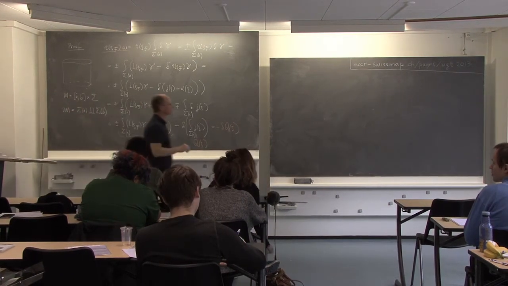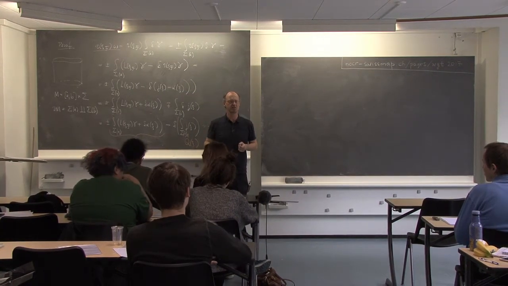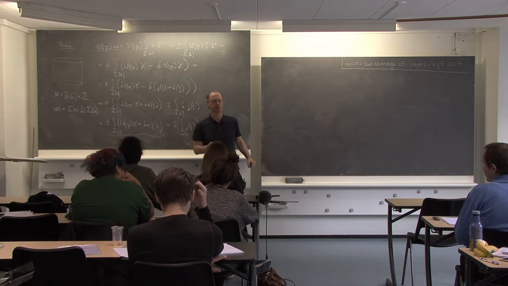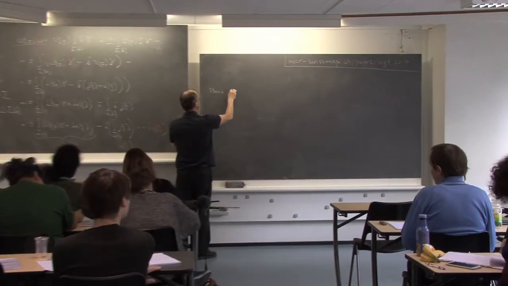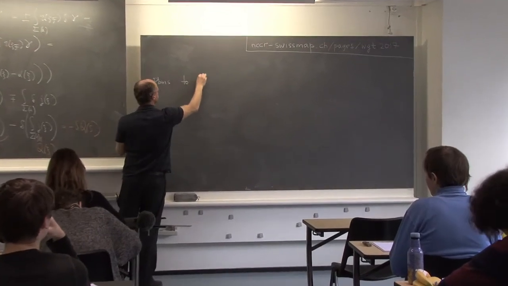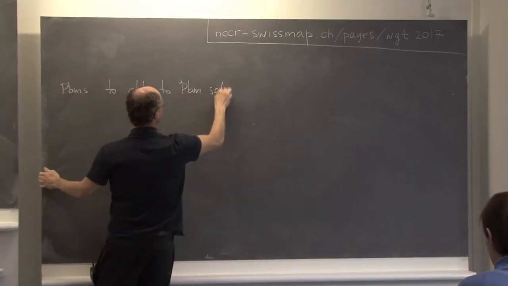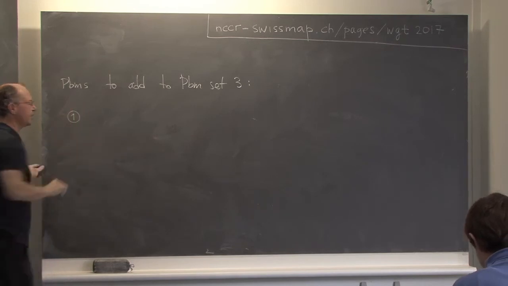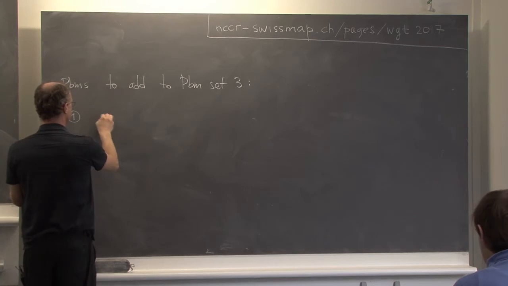So this means that there will be some problems in the problem set that you cannot solve, and then instead I want to give you some problems that you can solve, and the other problems that you cannot solve, they will postpone to the next problem set. So the problem set 3.